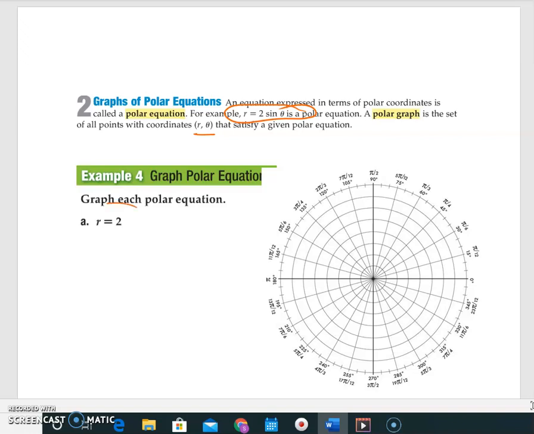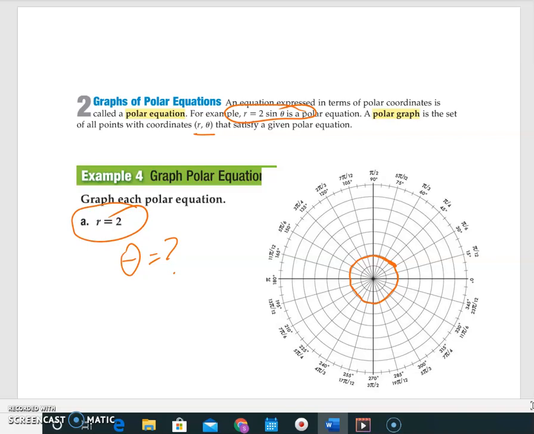All right, so for this one, it says that we want to graph an equation where the radius is 2, but you'll notice it doesn't give us anything about the angle. We don't know what that is, so that means it could actually be absolutely anything. If I go out 2 units from the origin, I'm right here, but since I don't know what angle I'm at, anything is fair game here.